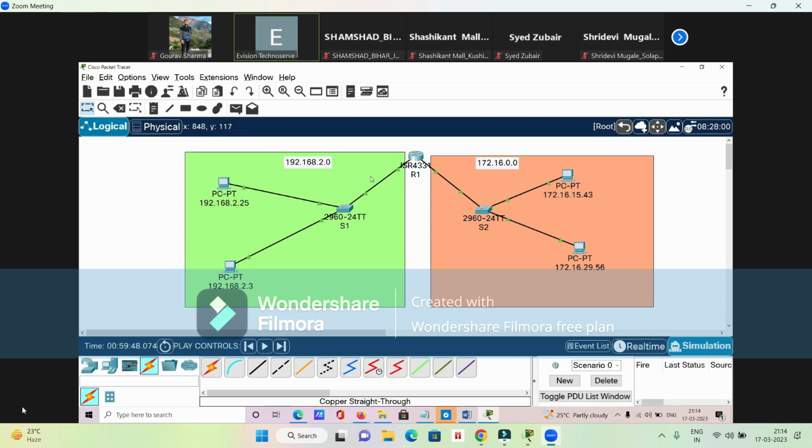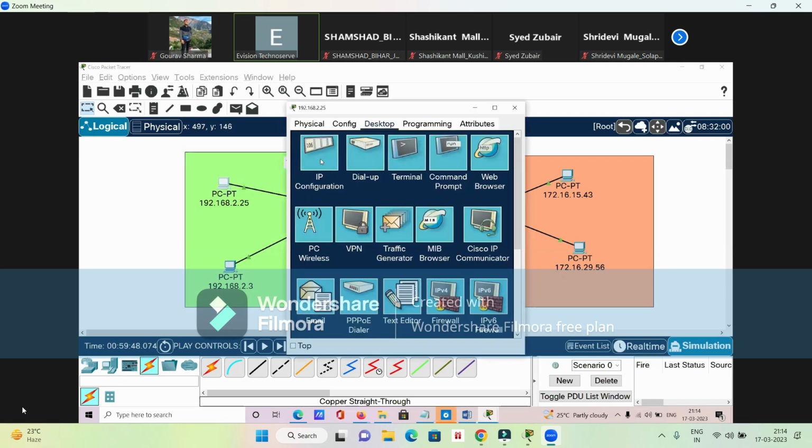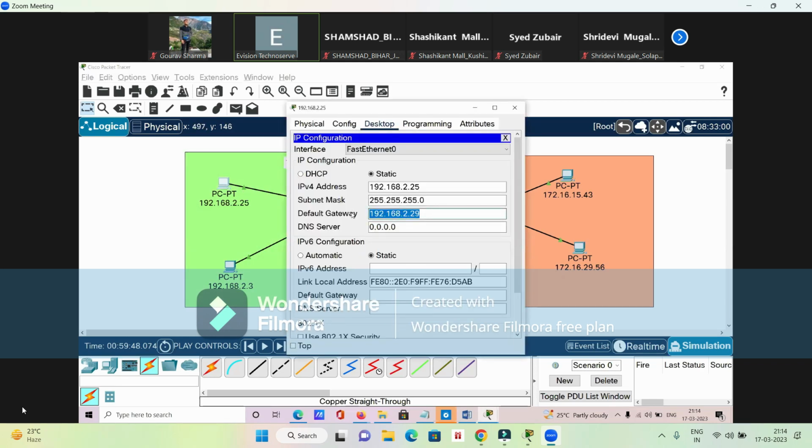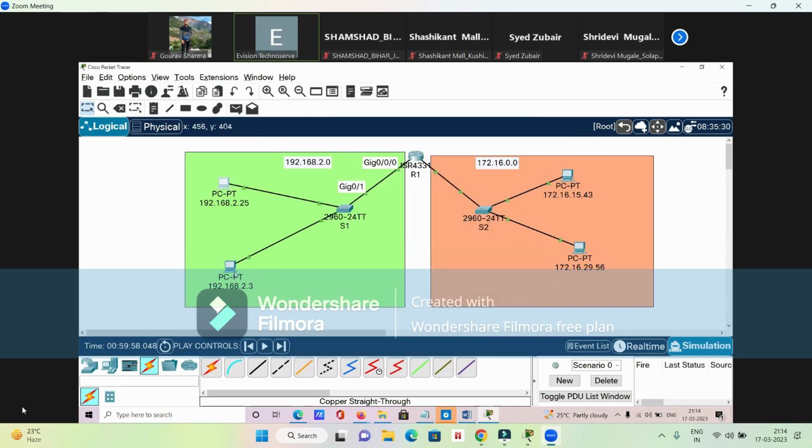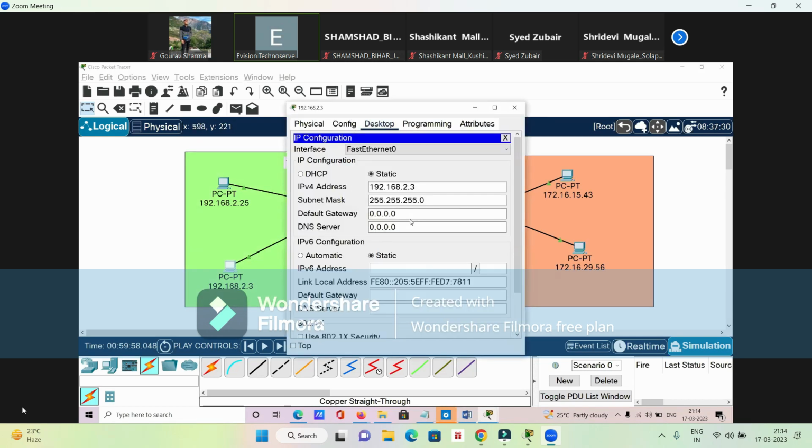So what is the last exit point of the green network? It is of course R1, this interface which is 0/0/0. So here we have to specify the default gateway as 192.168.2.5. Okay, certainly here also we have to specify the default gateway as the gateway of R1.